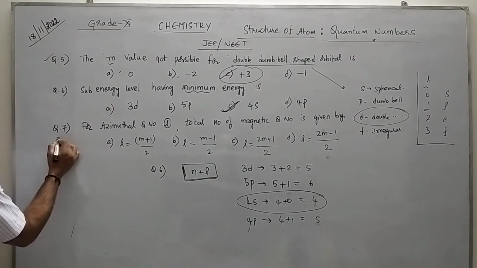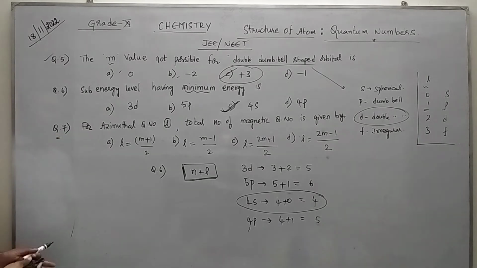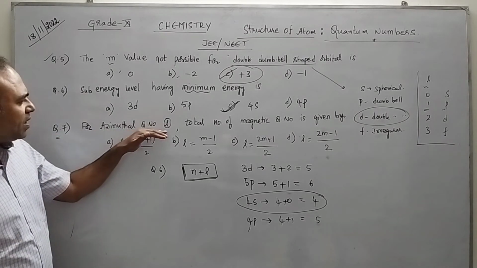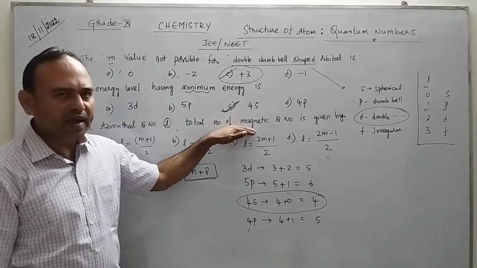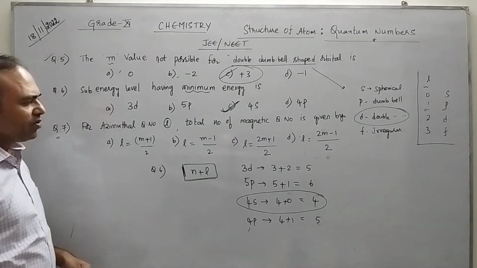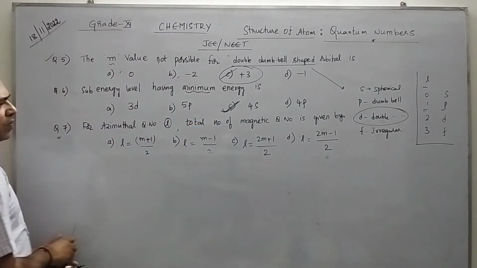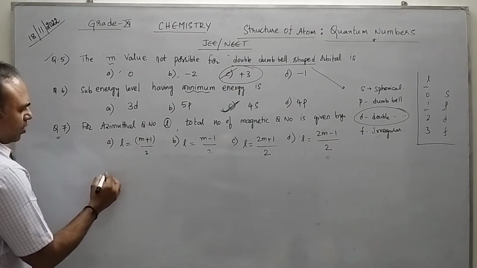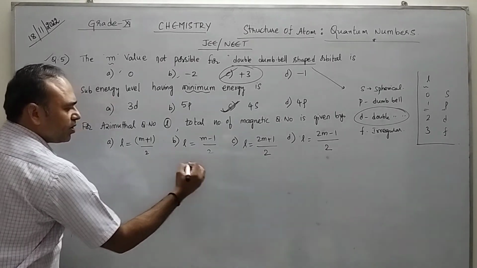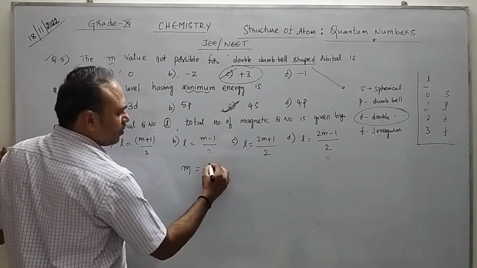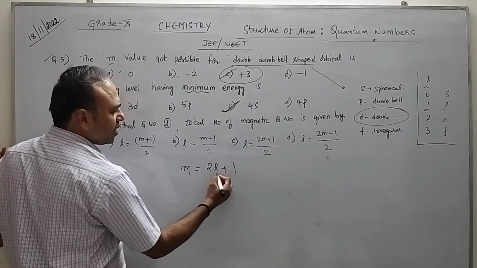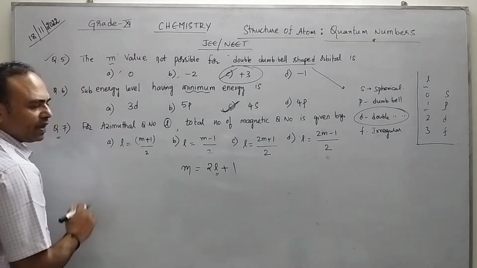Now coming to question number 7. They are asking, for azimuthal quantum number L, what is the magnetic quantum number? So how do you give that? For question number 7, you know the formula. The number of magnetic quantum number values m is 2L plus 1. Now they are asking how you relate L and m.